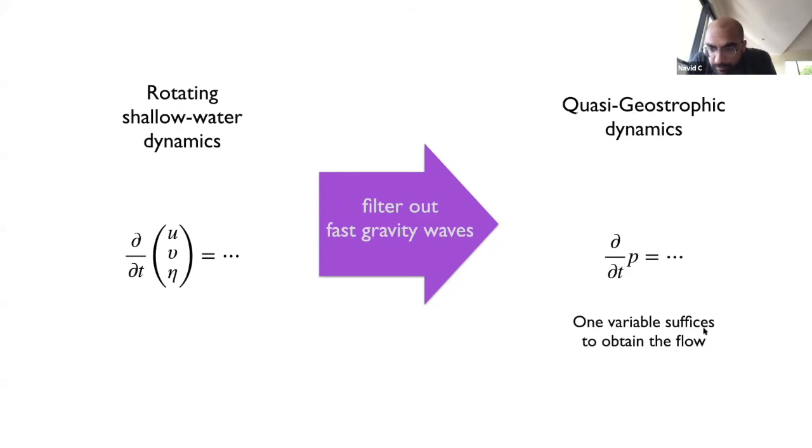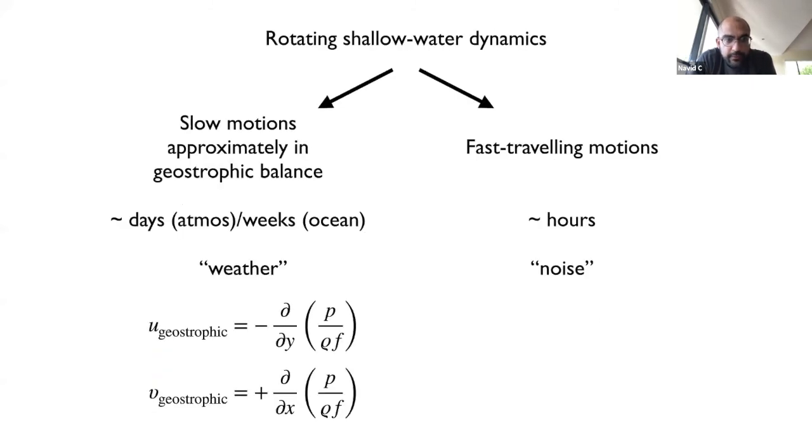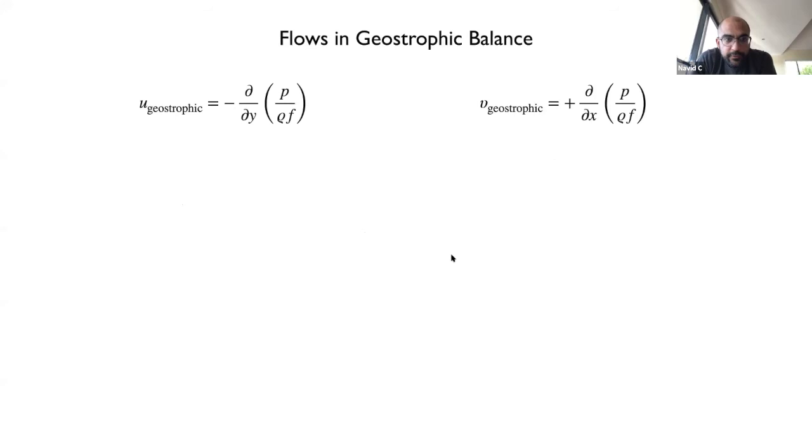What are the latitude boundaries in which QG is appropriate? Yes, that's a good question. I didn't really discuss that. Geostrophic motion means that the Coriolis parameter balances the pressure gradient.